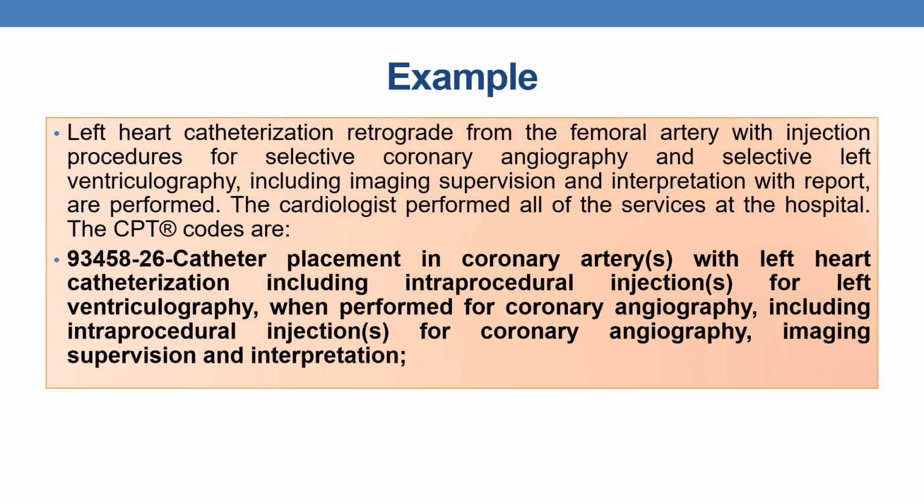Coming to the description of 93458: catheter placement in coronary artery with left heart catheterization, including intraprocedural injection for left ventriculography when performed, and for coronary angiography, including intraprocedural injection for coronary angiography, imaging supervision and interpretation. Here, left heart catheterization retrograde from the femoral artery has been done along with left ventriculography. So the CPT is 93458 along with the 26 modifier.